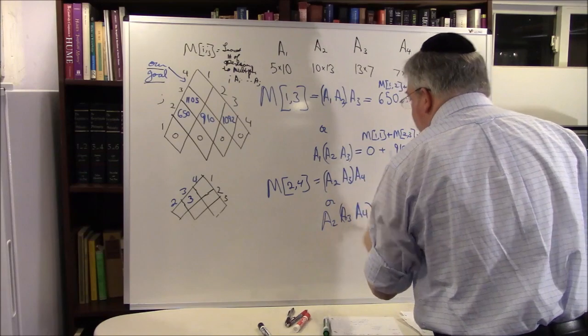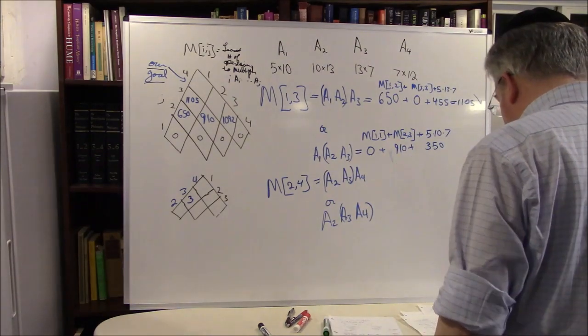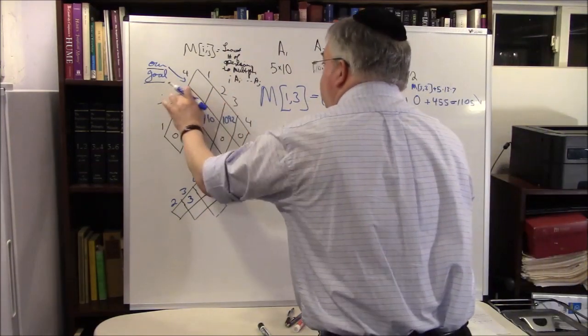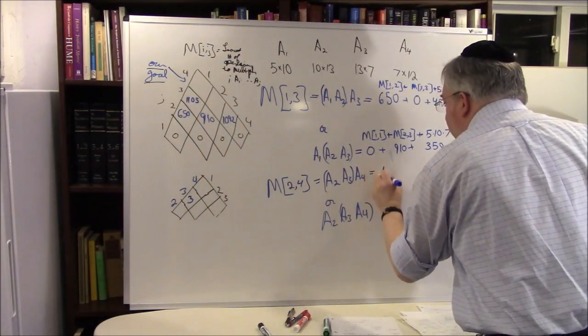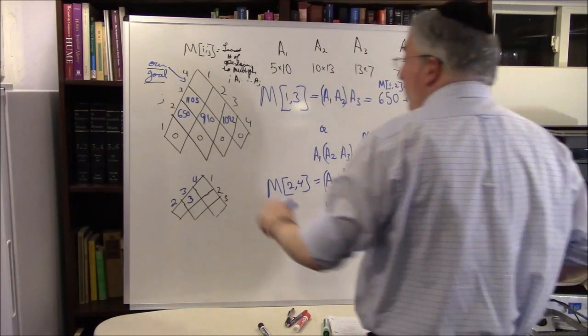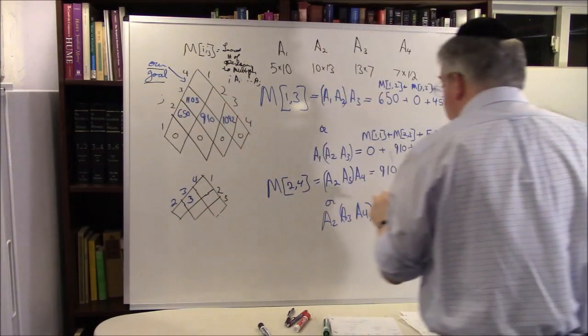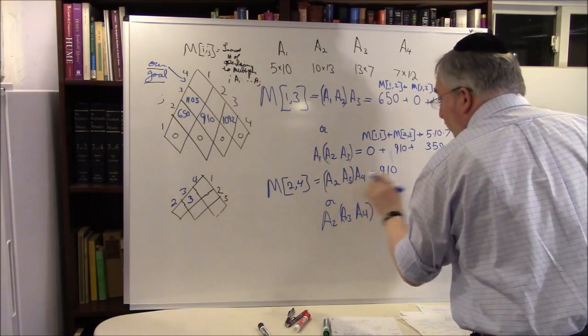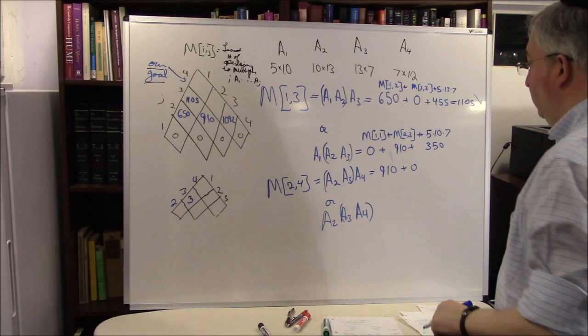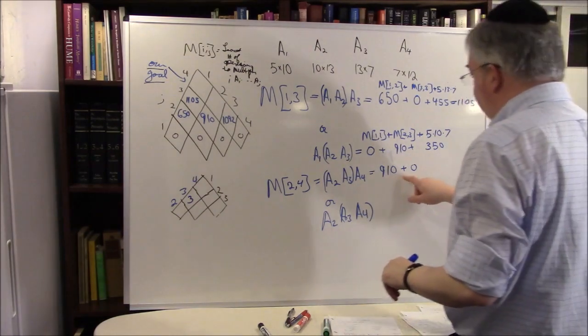We can multiply it like this. Okay? And so let's do this. A23, we know what A23 is. That's 910. A44, we know what that is. How do you get this A4 by itself? That's 0. Okay? So this is in there, this is in there.